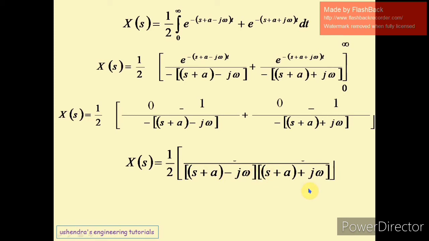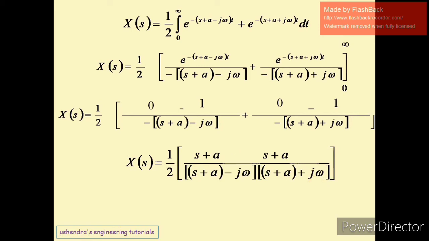s plus a, this will be a minus b into a plus b, like that one. And cross multiplying, what we have is this term comes over here like s plus a plus j omega, and this term comes over here s plus a minus j omega. In the numerator you can clearly see that s plus a remains as it is, but look at the imaginary term, it's plus j omega and this is minus j omega, so those two terms get cancelled.